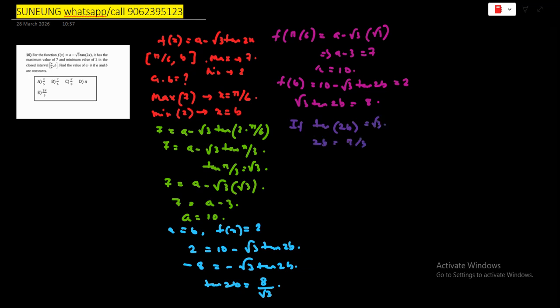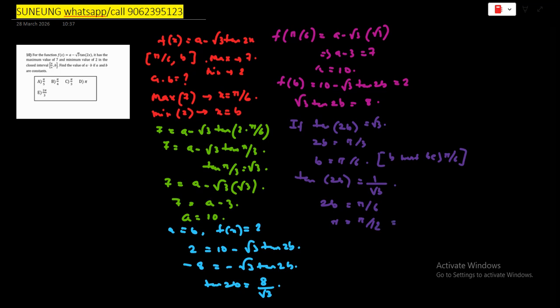Pi by 3, or b is pi by 6, but b must be greater than pi by 6, right? So if tan 2b is 1 by root 3, then 2b is what? Pi by 6, or b will be equal to pi by 12.